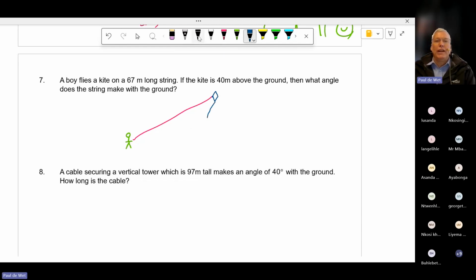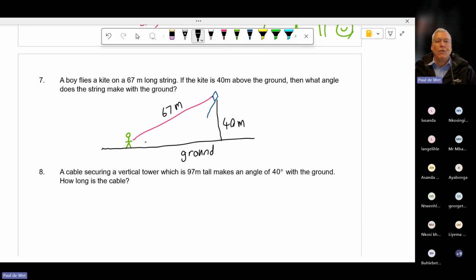Right? And the string is 67 meters. The kite is 40 meters above the ground. Okay, so this is 40.